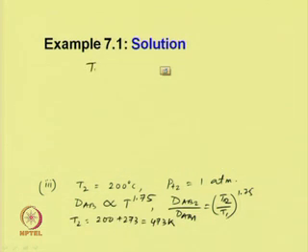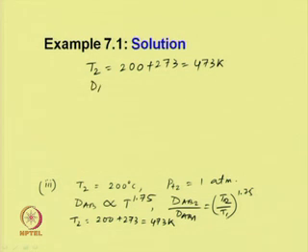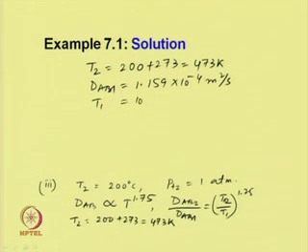T2 is given as 200 plus 273, which is equal to 473 K, and DAB1 is 1.159 into 10 to the power minus 4 meter square per second, and T1 is 100 degree centigrade, which is 373 Kelvin.